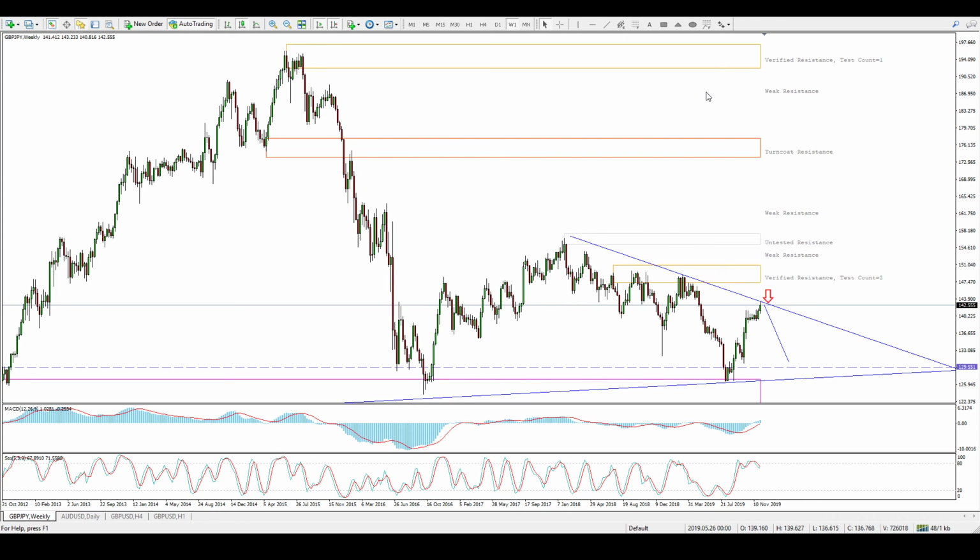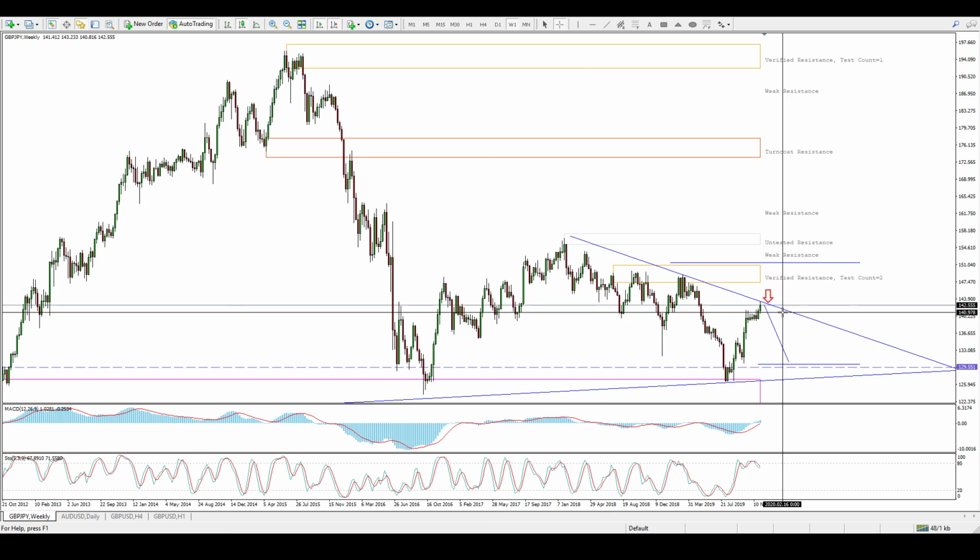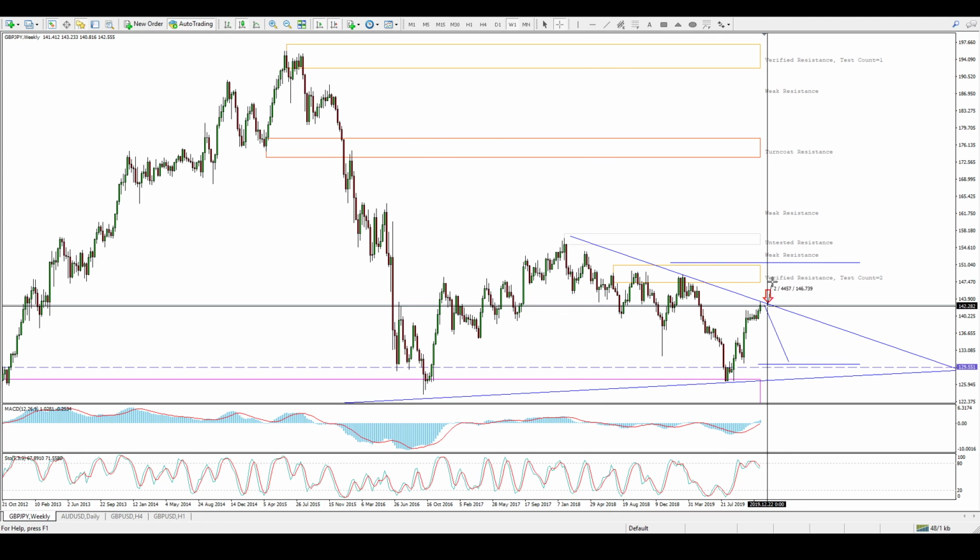So stop loss would be here, and take profit would be here. What is our risk reward ratio? That's almost 100 pips versus 120.